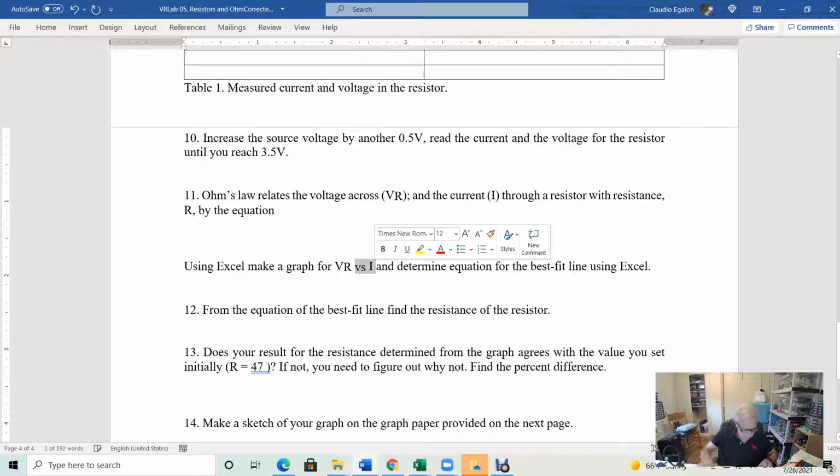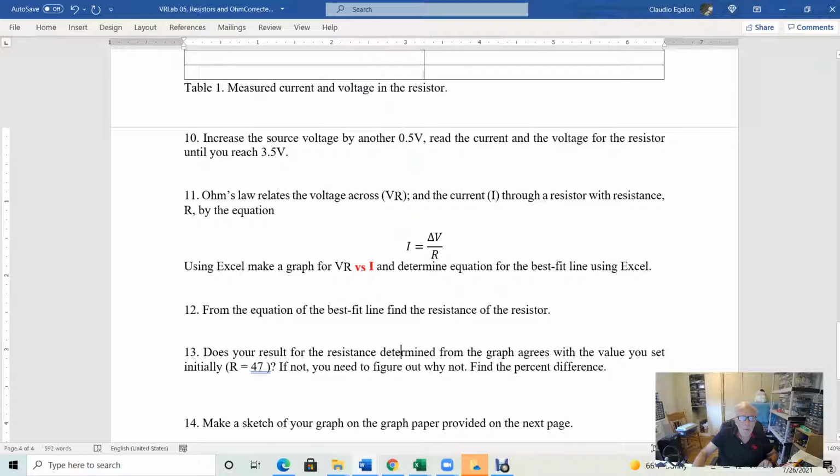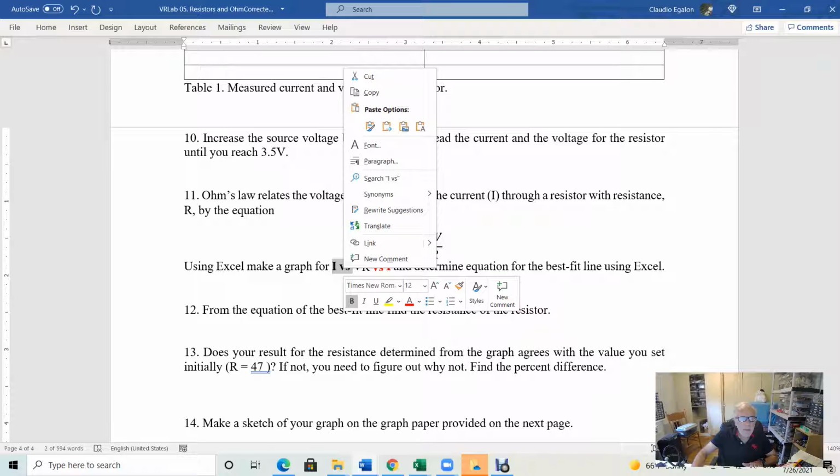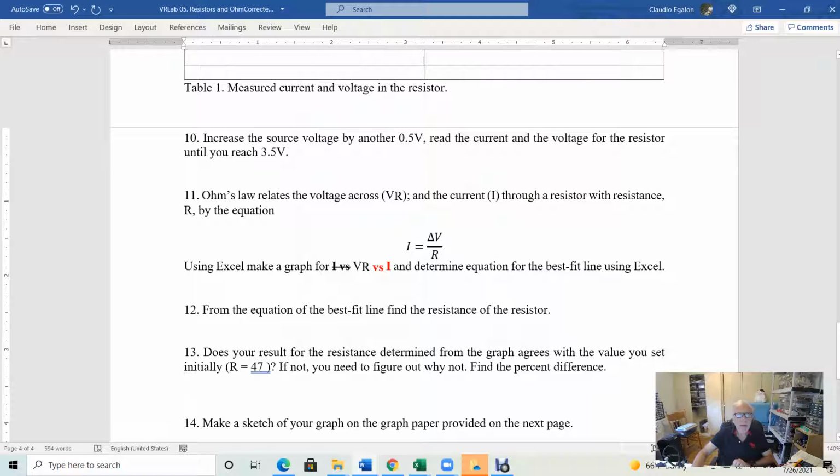I'm going to put that. What goes in, what shows up first? You know what goes in the vertical, in the y-axis. So let me double check that. Okay, good. So let's plot it.